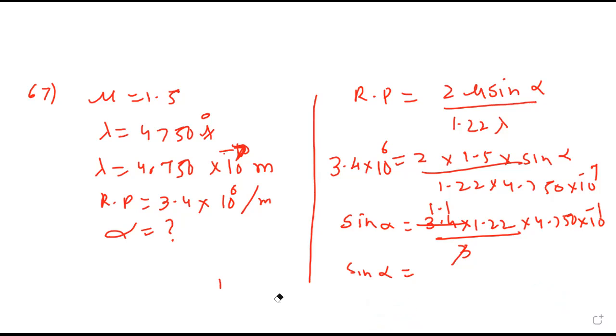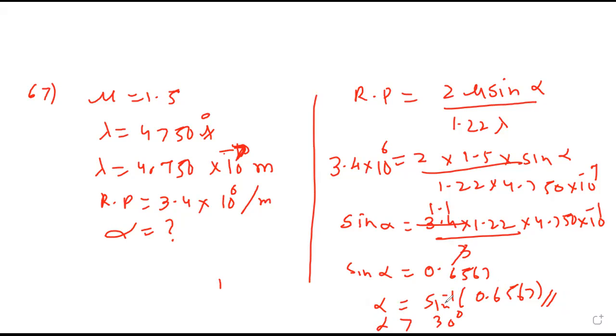Sin alpha, when you multiply properly with very close values, it is coming 0.6567. So clearly it will be greater than 30 degree or not, tell me.